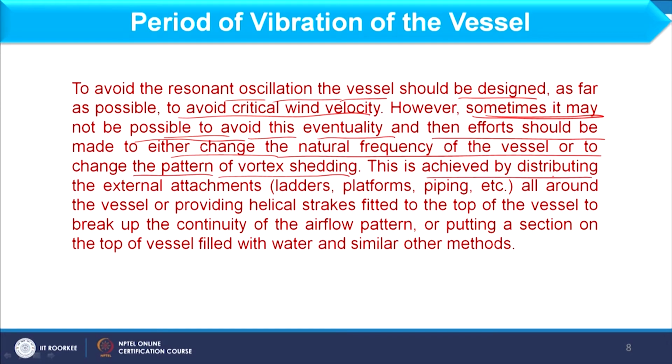This is achieved by distributing the external attachments, that is ladder, platform, piping, etc., all around the vessel, or providing helical strakes fitted on the top of the vessel to break up the continuity of the air flow pattern, or putting a section on the top of the vessel filled with water, and similar other methods. So, in this way we can avoid the oscillation in the vessel, right. But period of vibration is a very important parameter to consider.